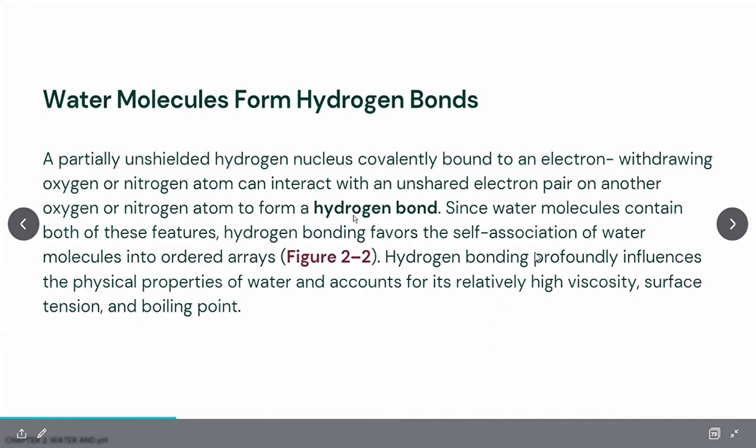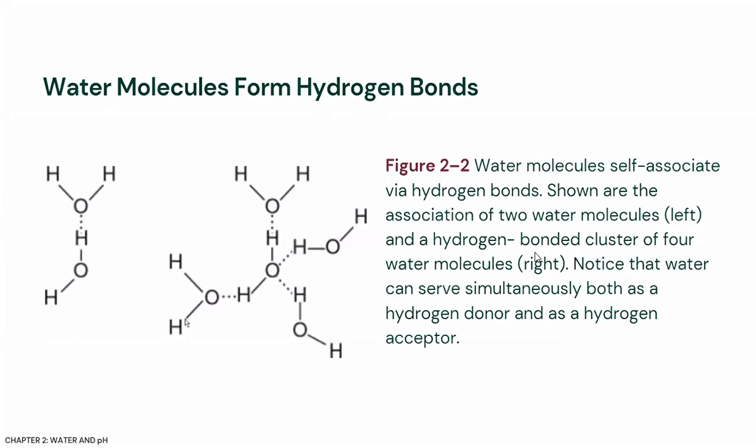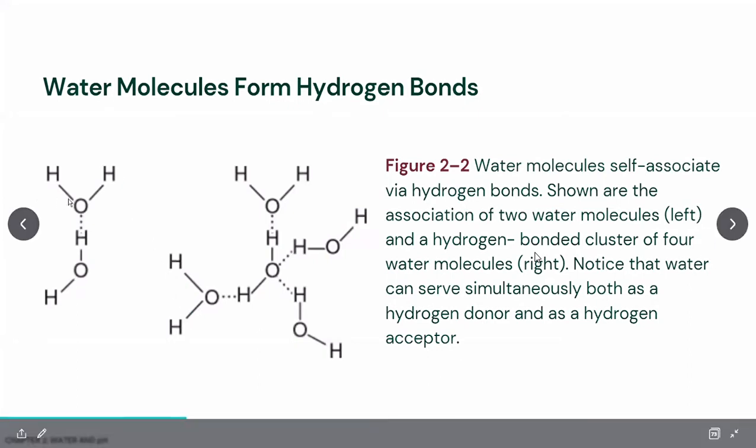Because water is hydrogen bonded with another water molecule. So there you are. You have two water molecules here. This is one, this is another one, and you have your hydrogen bond.